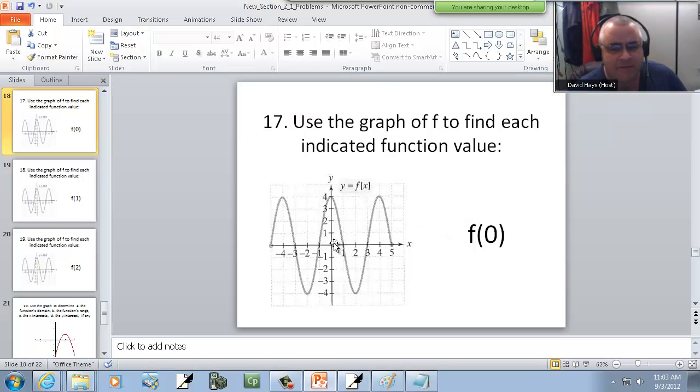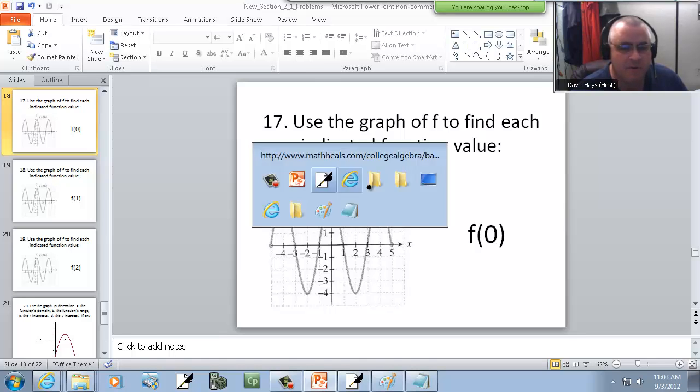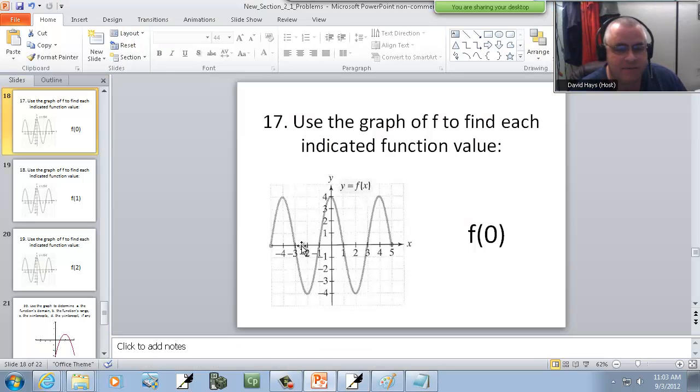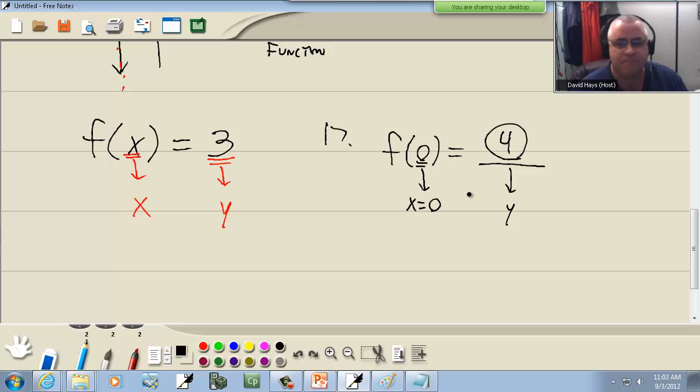Well, I go to where my graph exists at x equals 0. So here's x equals 0, and I have to go up and find my graph here. So if I come up here, this is where my graph exists. My y value there is 4. So my answer would be 4. So again, we're trying to look at the point where the graph exists. So they give you x equals 0, so you go up there, and then you just write down the y value.